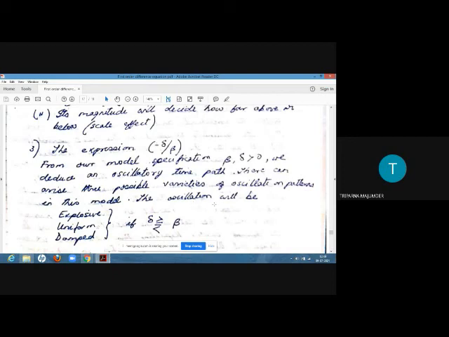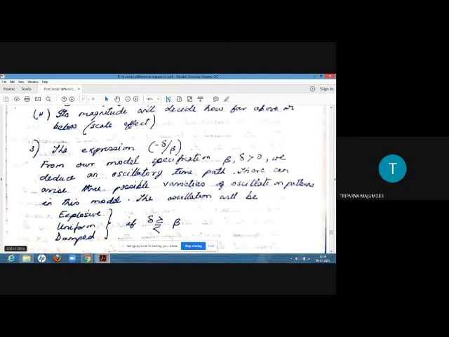There can be 3 possible varieties of oscillation patterns in this model. The oscillation will be explosive, which I'll show you just now. It may be uniform or it may be damped. It is explosive when delta is greater than beta. It's uniform when delta is equal to beta.